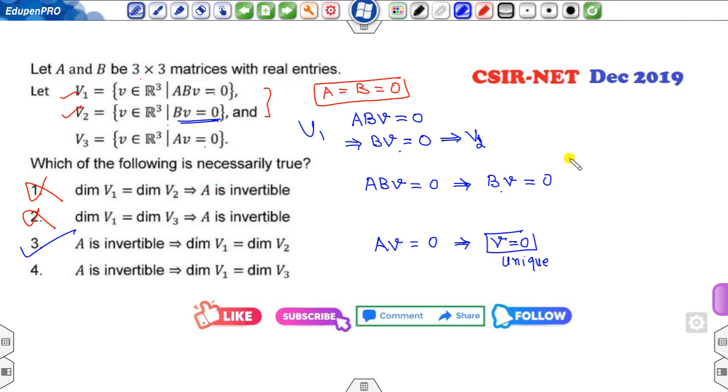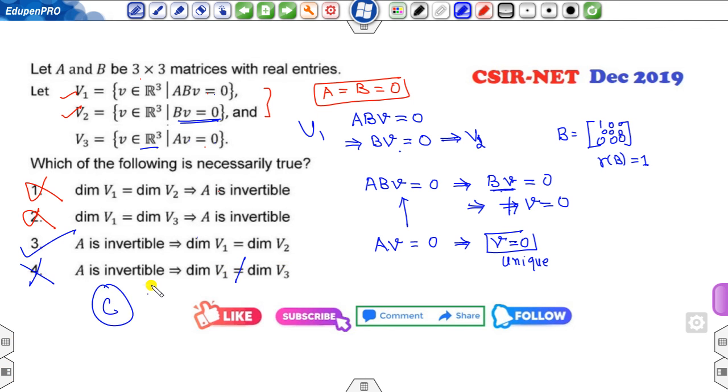But you can see I can choose any matrix B whose rank is, say, this number. Clearly the rank of B is 1, which is less than the size of this V3. So definitely this is not always equal to say V is equal to 0. So that means they are not equivalent. So they are not the same. This option is cancelled. So C is the only right answer.